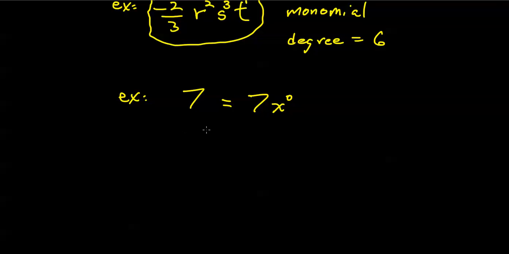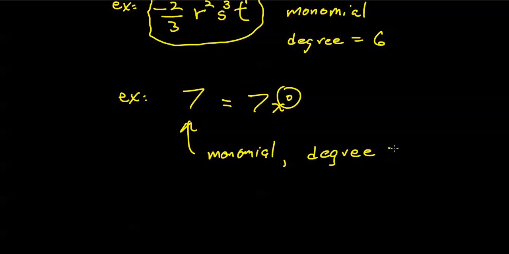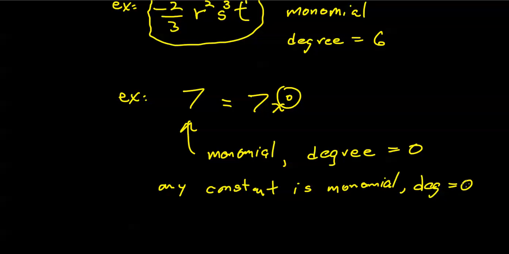So this 7, just the constant 7, is a monomial of degree 0. So any constant is a monomial of degree 0.